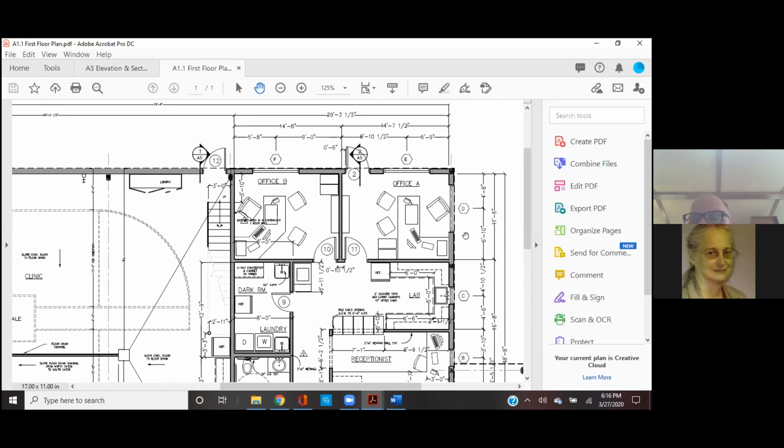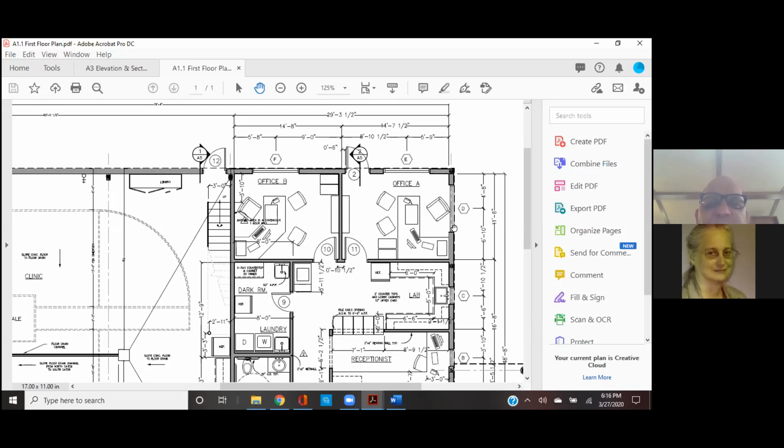Okay, multiply 14.8 by 11.6 by 9 feet. Oh, we may want to make it 8 feet, because we're going to need to run that ductwork somewhere, and if it's so big, we're going to want 8-foot ceilings in here. So we'll go back and change our numbers to reflect 8 feet on that.